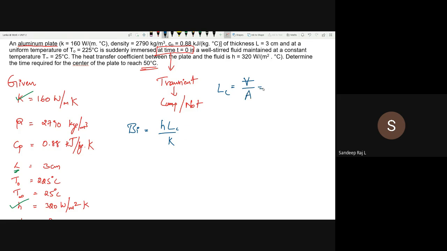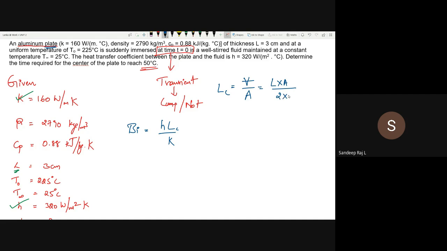Here what is given is an aluminum plate. It's a kind of a cuboid kind of thing. So simply what you can do is write it like L into the other area, which will give you the volume. And since it is a plate having thickness, it will have two areas actually, one on this side, the other on the other side.